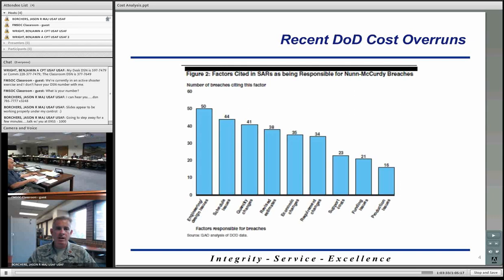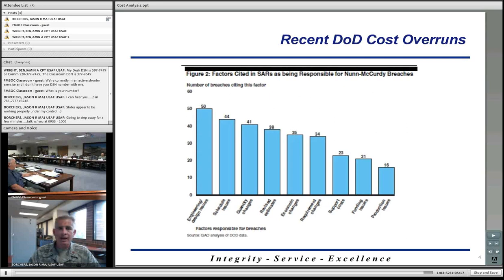It's certainly not going to help things if we come up with a cost that's minimal for a program over the course of its life cycle, but as the years unfold, we find it's going to cost much more than what we originally budgeted for.